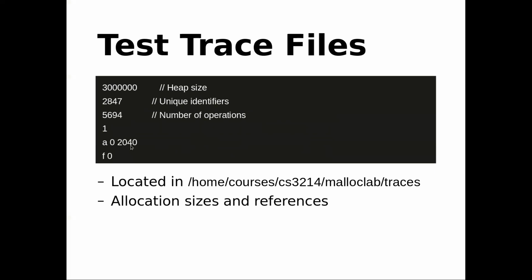Next, we're going to talk about the trace files. If you look in the traces directory inside the Malloc lab folder, there are a bunch of files that the test driver runs to perform various allocations. The first numbers are the heap size, the number of unique identifiers, and then the number of operations. I can't remember what this number here is, but every operation thereafter, starting from line 5, is an allocate, free, or realloc operation.